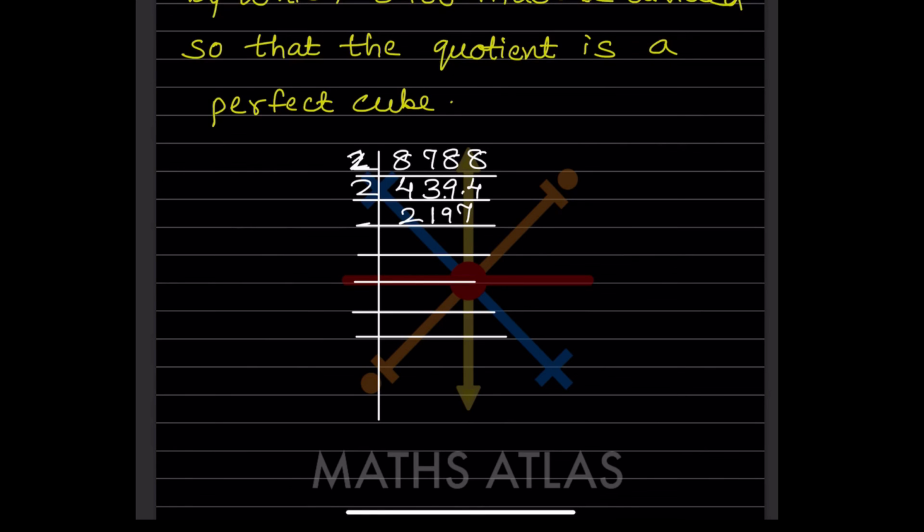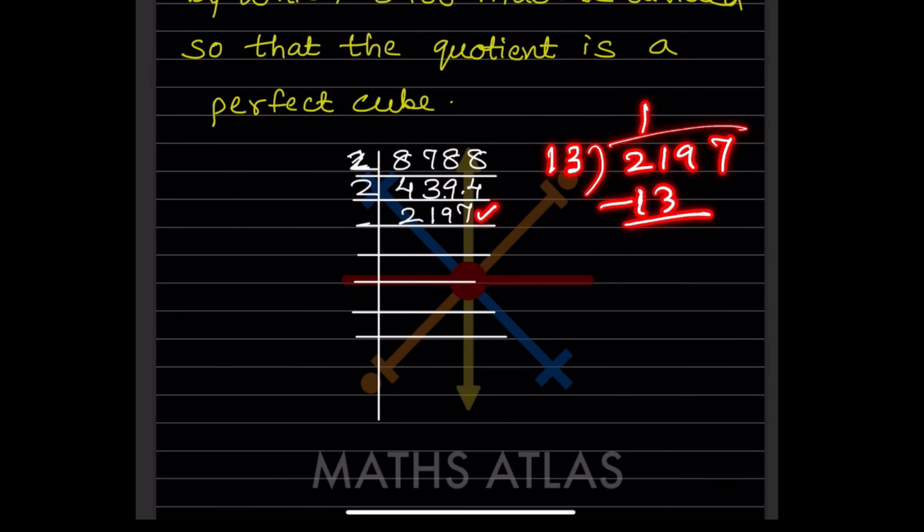Now this will go with 2197. Now let us see, it's not possible with 3. Again, it's not possible here, 7. So 2197 goes with 13.